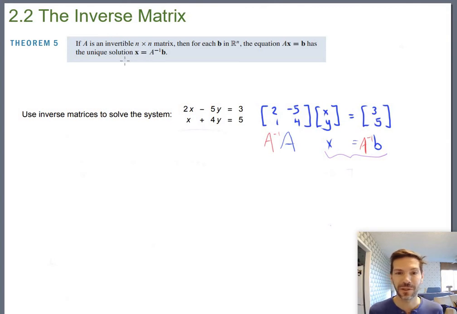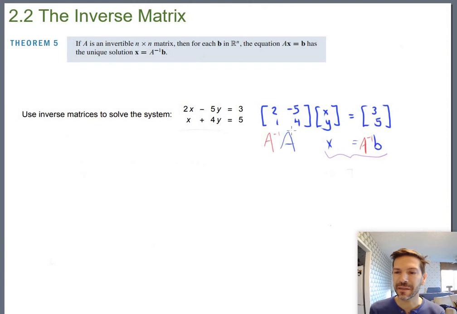The unique solution is A inverse times b. I'm going to add on to this theorem a little bit. I'm going to bridge Theorem 5 to Theorem 7 is what I'm trying to do here. Spoiler alert.